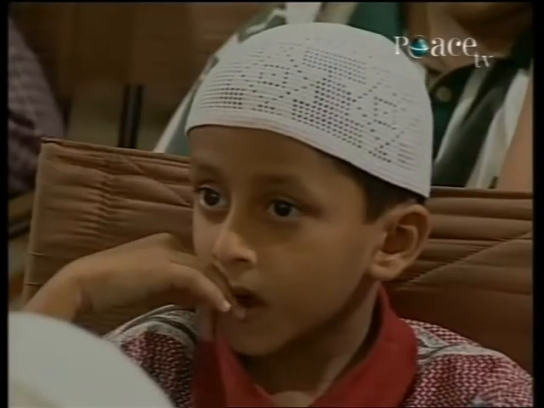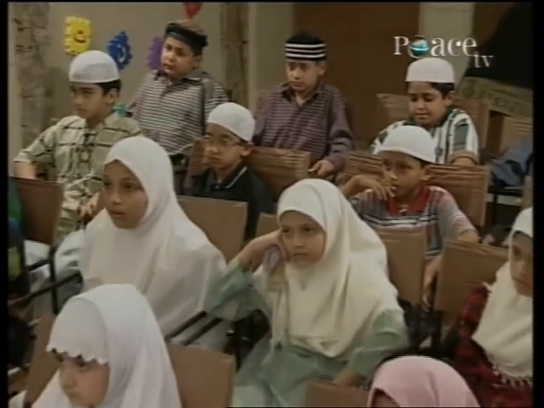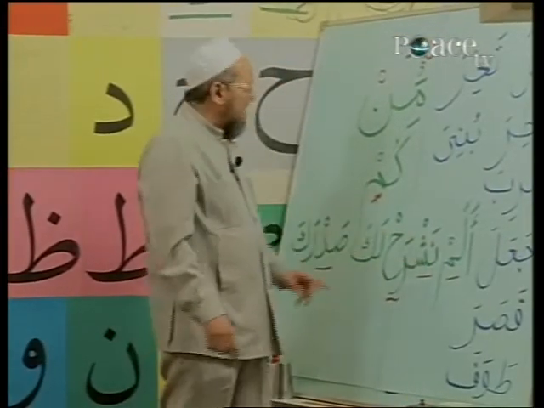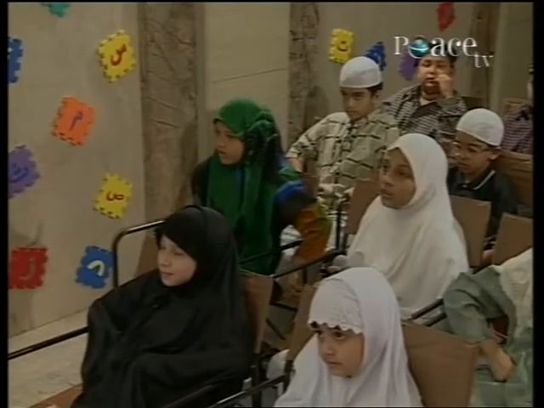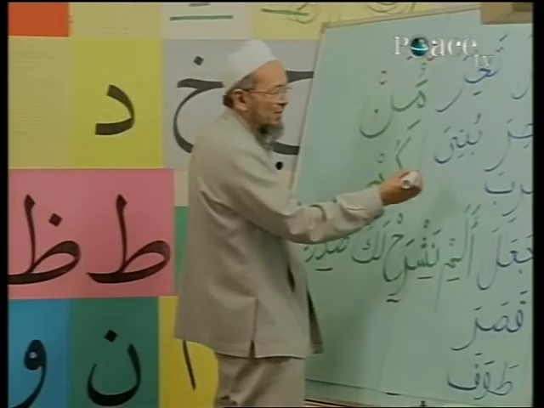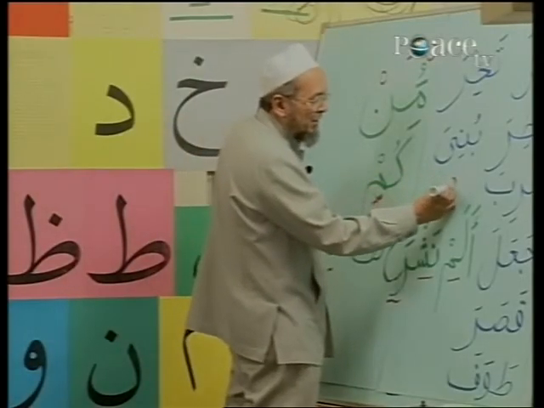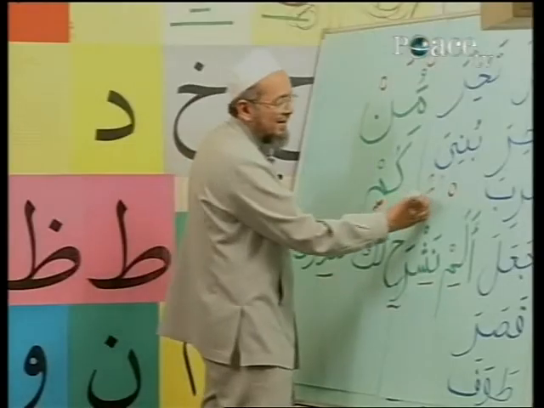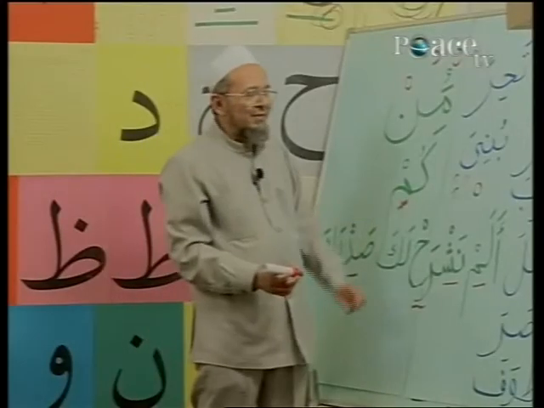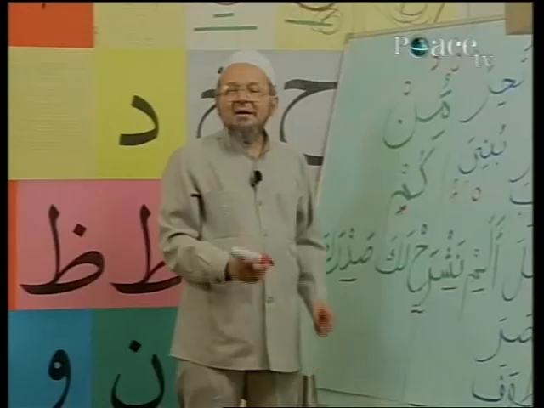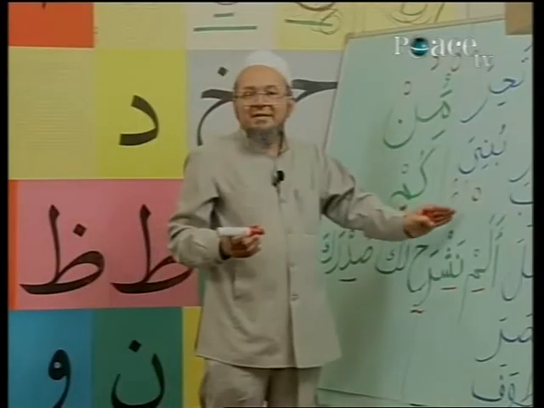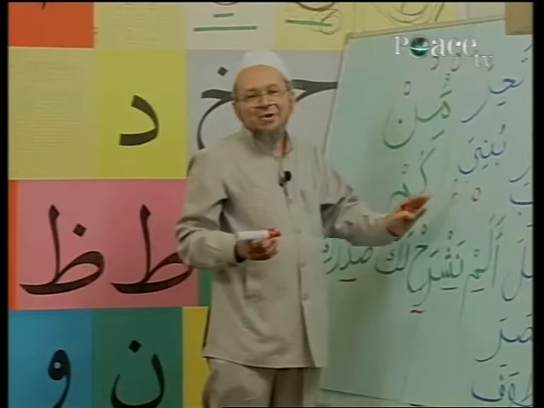Good. So now, you have understood that whenever a letter would carry this sukoon sign, there are two methods for this sukoon. First, they may put a circle. Another is this kind of sign. In different Quran al-Kareem, you will find different signs are used.